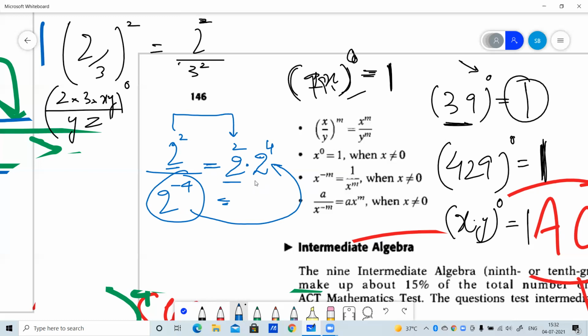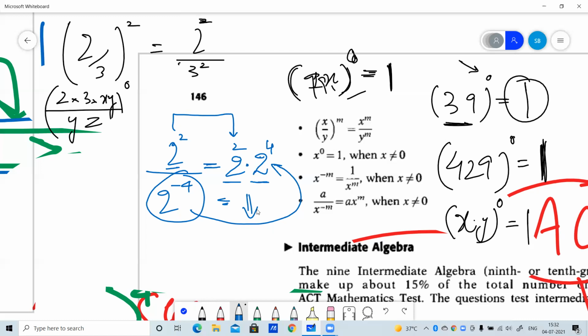2 to the power 2 multiplied by 2 to the power 4 is how much? What is the rule for the exponents when you're having exponents in multiplication?